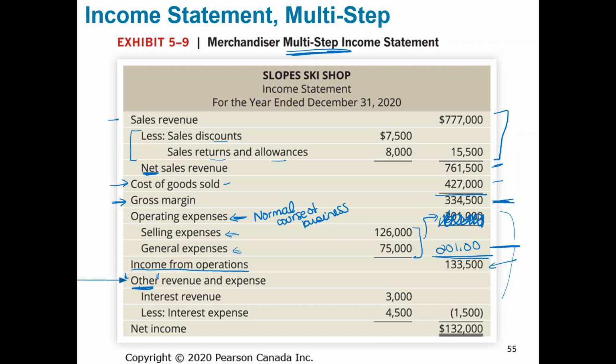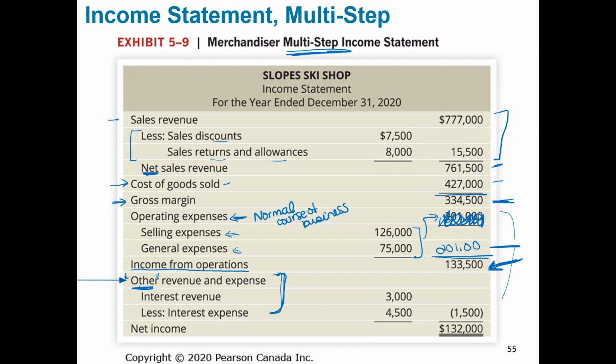Not that they happen by coincidence, but they're just outside of what we would normally do in this business. And therefore, they might not recur year over year. And because of that, we want to keep these separate so that a user looking at this statement knows, oh, these are just other items. Can't necessarily expect them next year. Whereas our income from operations, since that's part of our normal business, we would expect to have similar levels of these amounts year over year.